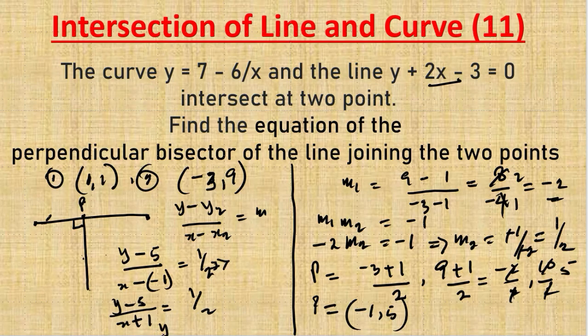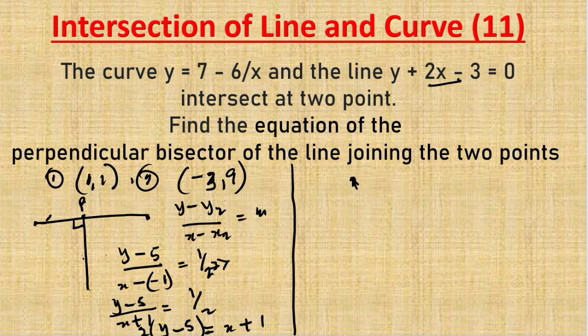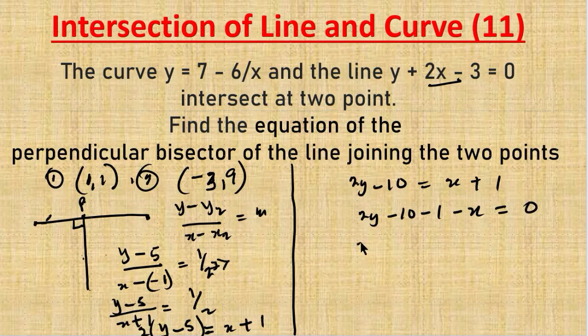So y minus 5, times 2 because I'm cross multiplying, equals x plus 1. I can open that bracket so that 2y minus 10 equals x plus 1. And 2y minus 10 minus 1 minus x equals 0, so that 2y minus x minus 11 equals 0.